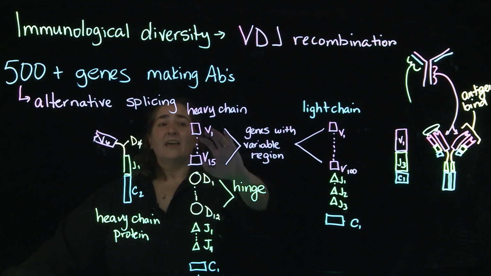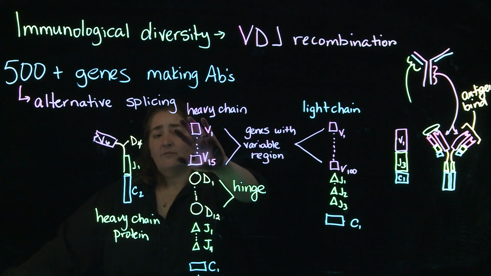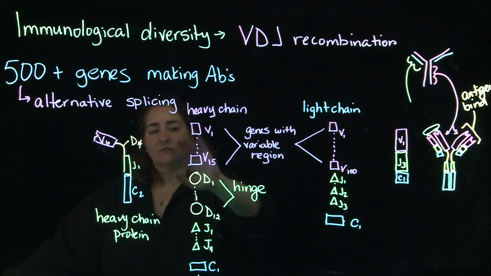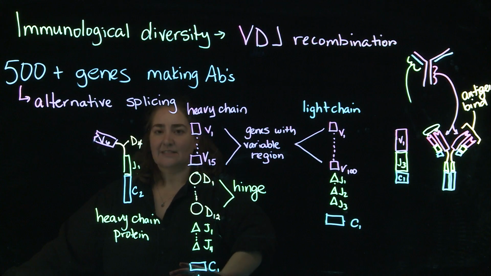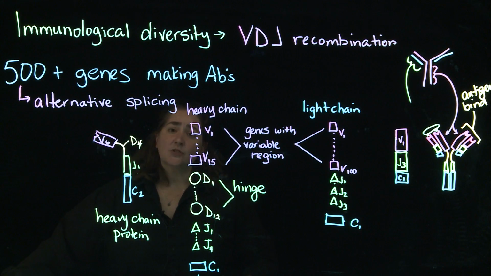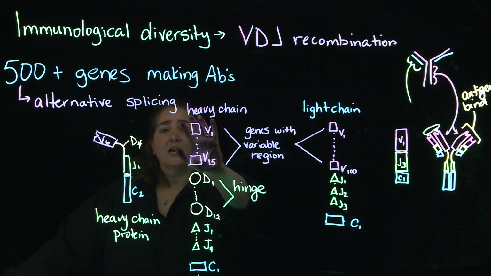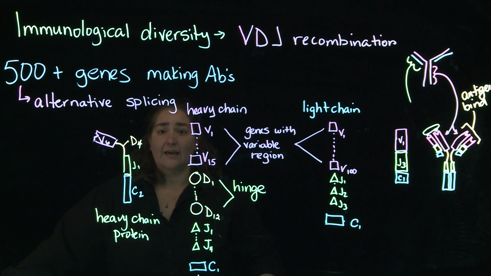All right? And what genes you have here in the variable region, the V region, the D region, the J region, the C region, that's what you inherit from your mom and dad. Okay? There are a ton of different variations in the genes that you can inherit from your mom versus your dad.